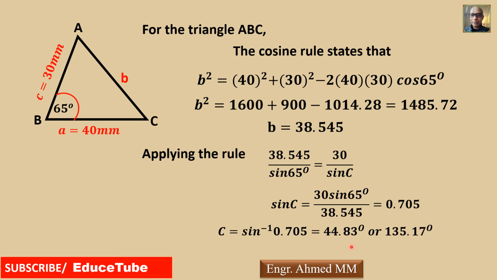This comes from 180 minus the first. So we got two values for c, but we have to check whether each value is valid or not. This one is okay, of course, but this one we have to check. So in the next slide we will see that.